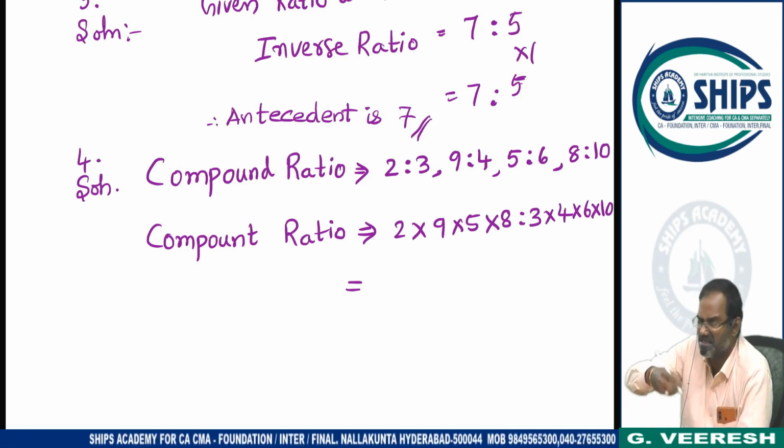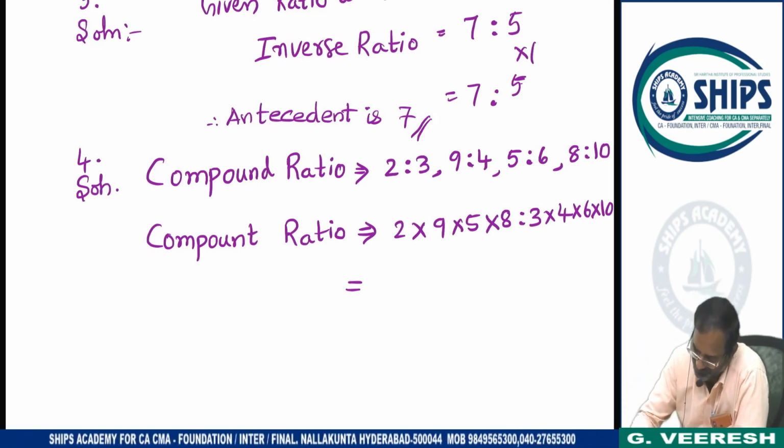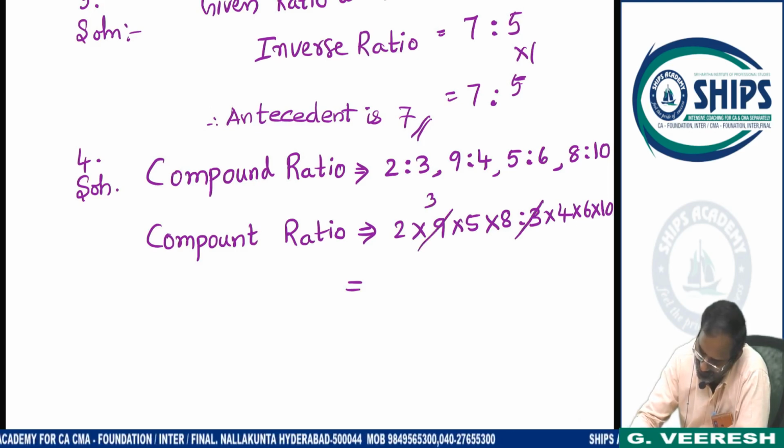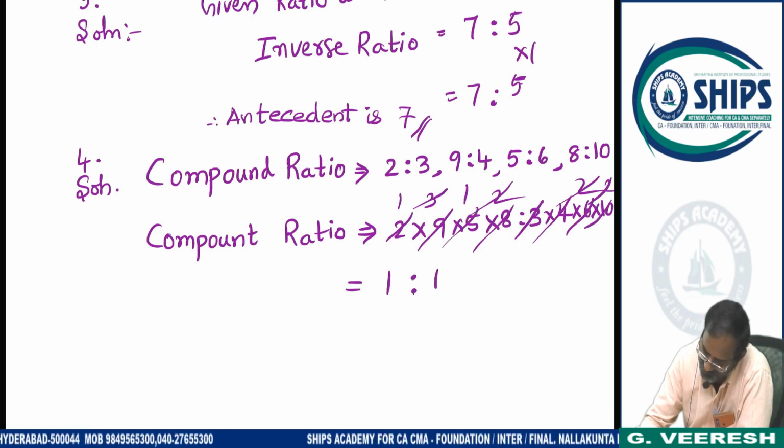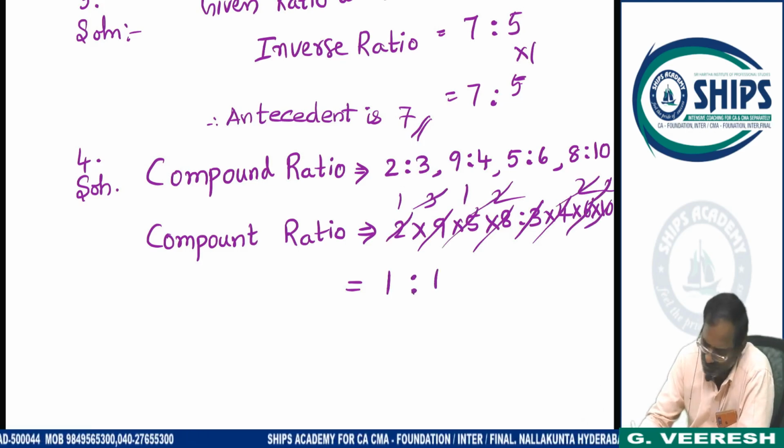They will not ask what is the first term, what is the second term, like that. So 3 ones are 3, 3 threes are 9, and 4 ones are 4, 2 twos are 4, 3 ones are 3, 2 twos are 4, 2 and 2 cancel, 5 ones are 5, 2 twos, 2 and 2 cancel. So it is 1:1. So 1:1 means option A.